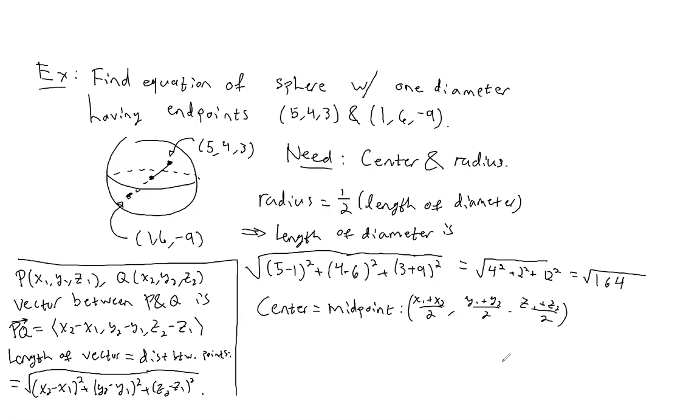The midpoint between two points is just the average of all of the coordinates. In our case, that would be (5 plus 1) over 2, (4 plus 6) over 2, (3 minus 9) over 2. Or in other words, the point (3, 5, -3), since 3 minus 9 is negative 6 over 2, so negative 3.